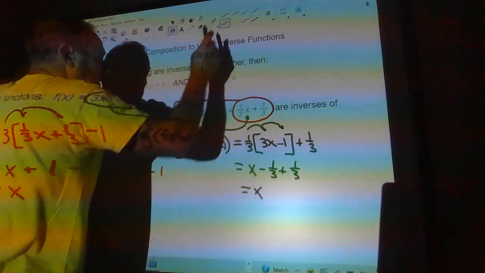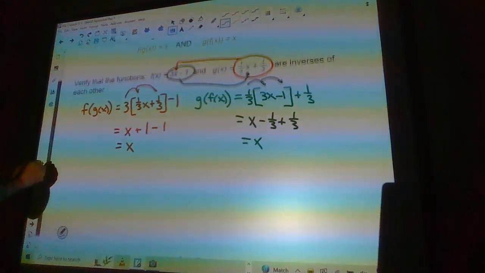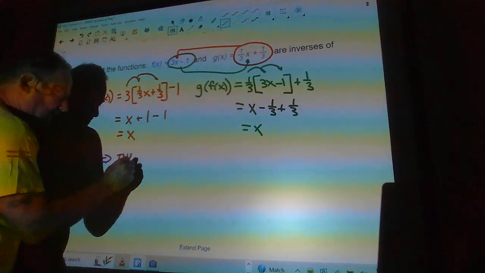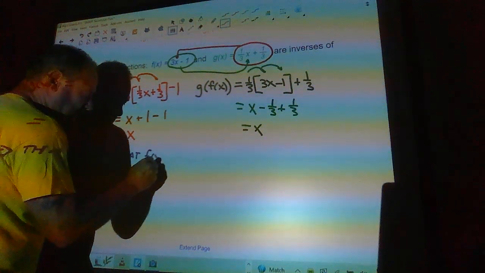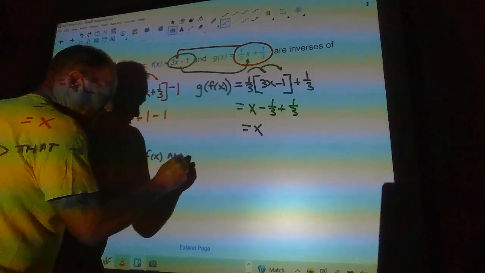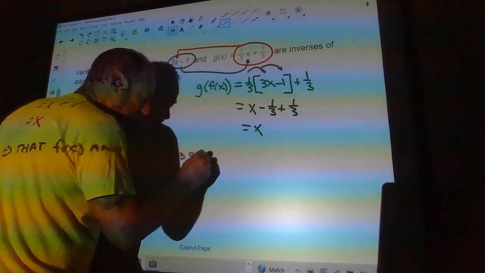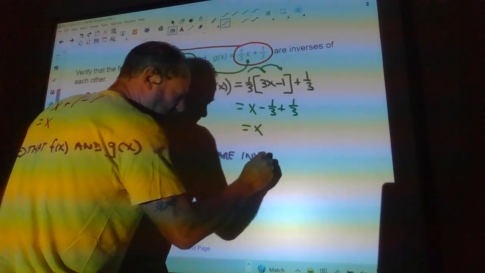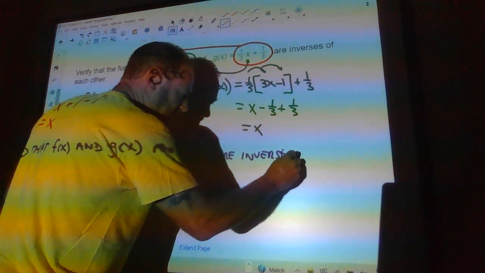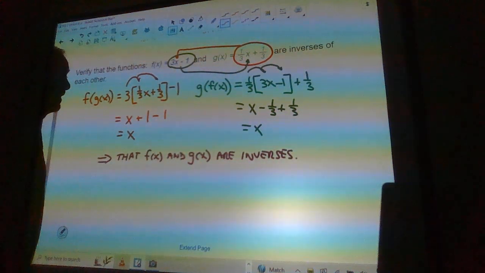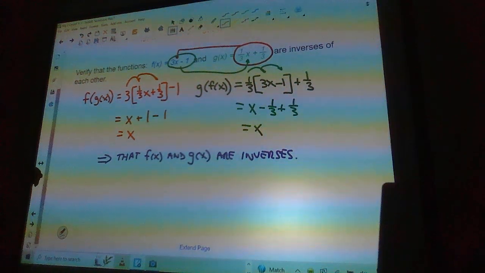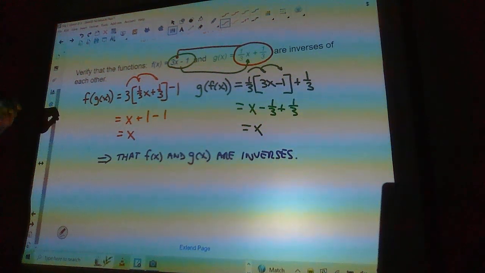Now, what does that mean? Since they both came out to be x, that implies that f of x and g of x are inverses. And you're done. You have to do all of that, including this statement at the end, because this is a proof.